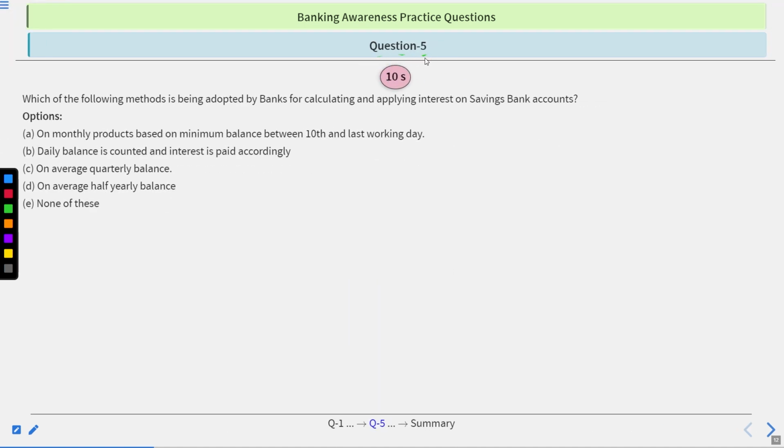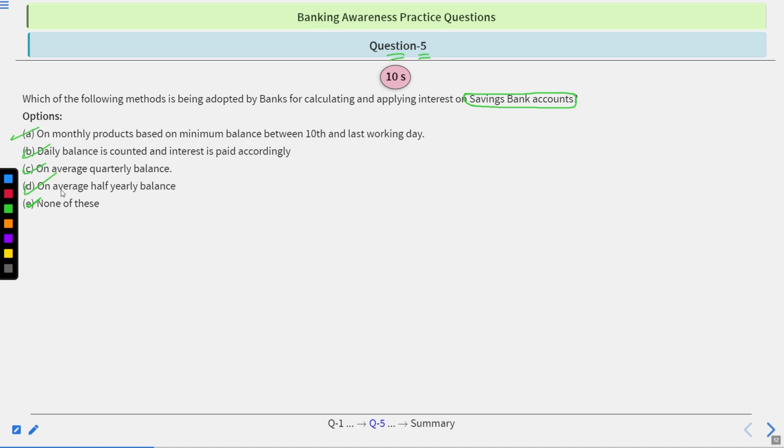Question number 5. Which of the following methods is being adopted by banks for calculating and applying interest on savings bank accounts? Options are: on monthly products based on minimum balance between 10th and last working day; the daily balance is counted and interest is paid accordingly; on average quarterly balance; on average half-yearly balance; none of these.